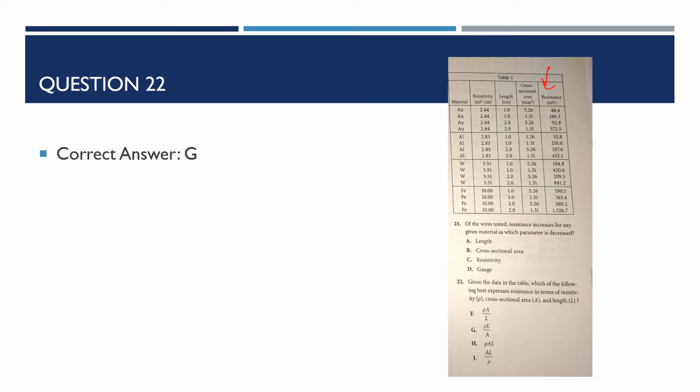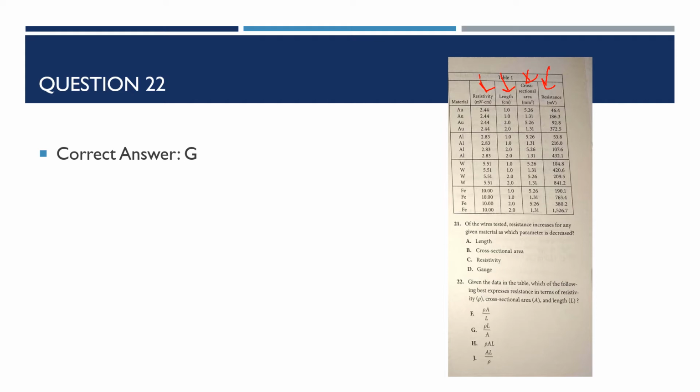So resistance increases when resistivity increases and when length increases, but resistance decreases as cross-sectional area increases. Okay, so I know that was a lot because it's going to use everything in the table. Okay, I mean it's not really using the material, but it's using everything else.